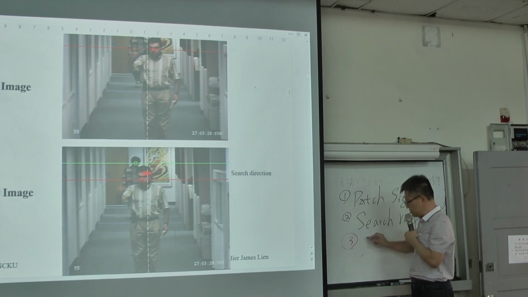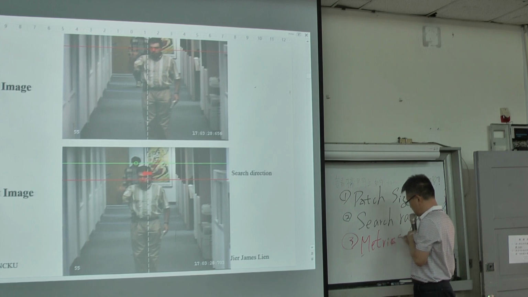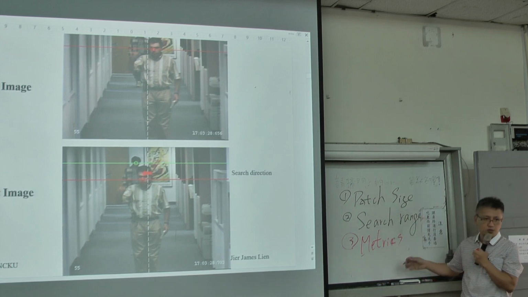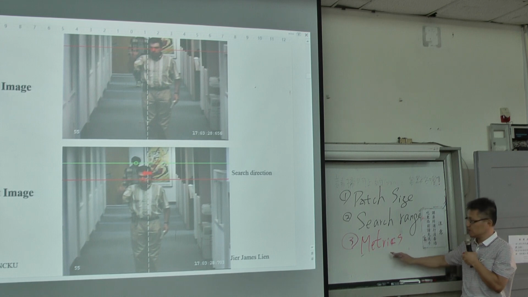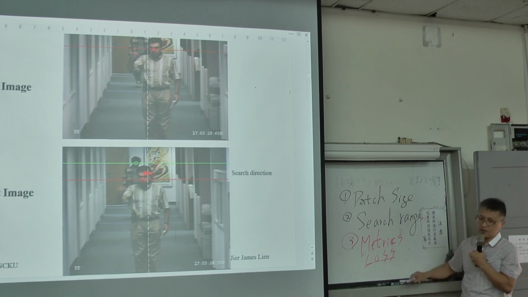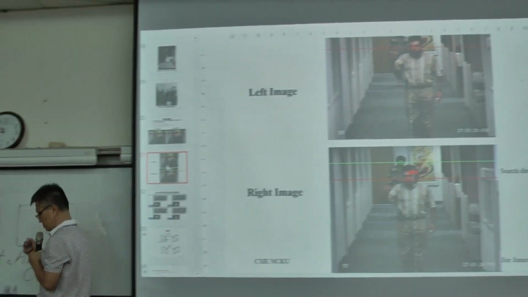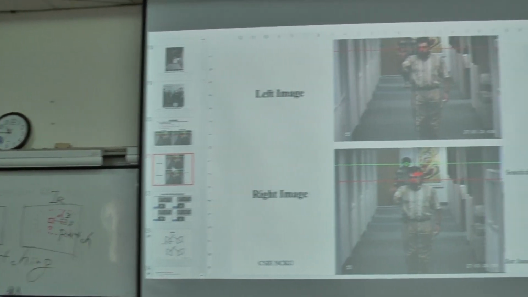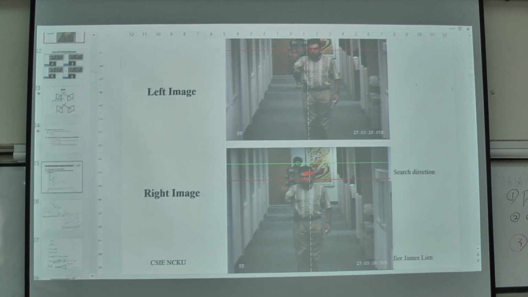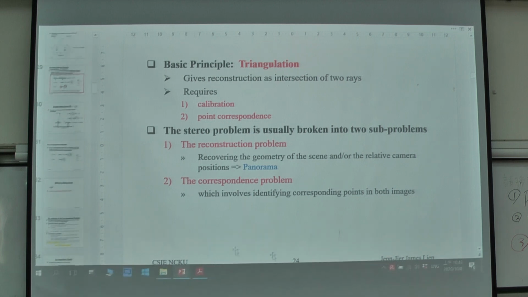metric 就是衡量机制。matrix 就你的用 sum square difference 那个 loss function 那个东西，loss function 是什么？基本上就是这个 similarity measure，就是 page size, search range。好。Try to find corresponding points.